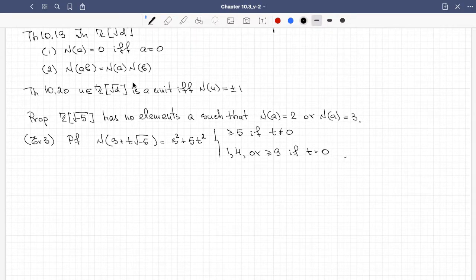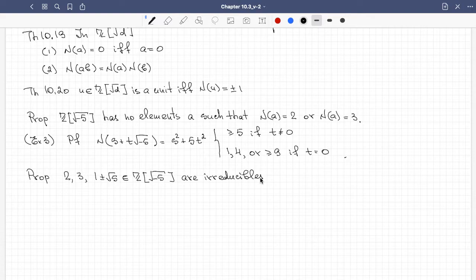So first of all, I want to check that 2, 3, and 1 plus or minus root of 5, all in this ring Z of root of negative 5, are irreducibles. Indeed, here is the proof.